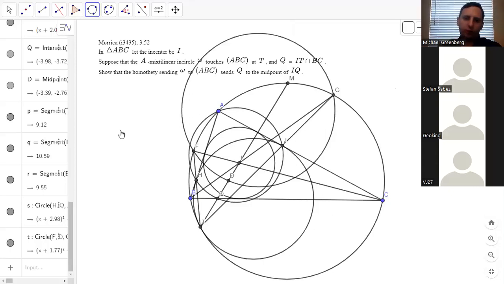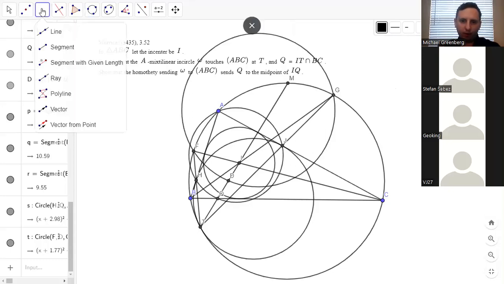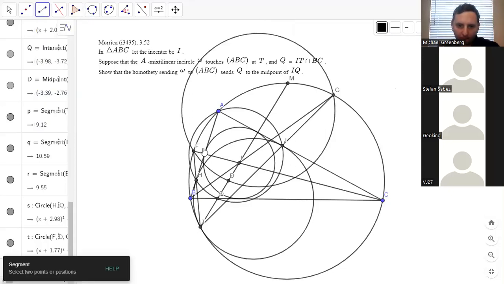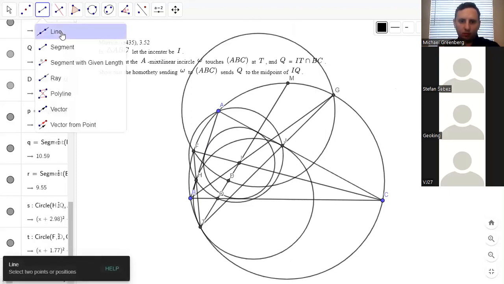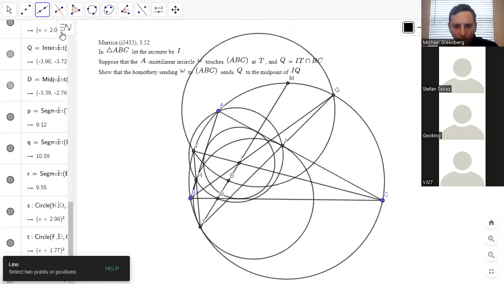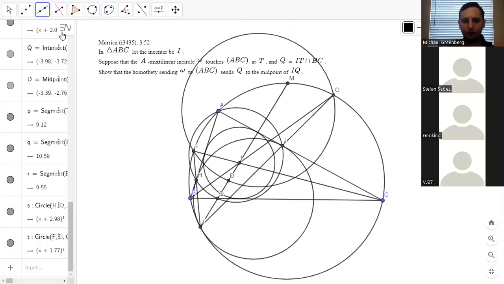So yeah, FG and HJ, we know those are parallel. We'd want to either show HQ is parallel to FD. Yeah, so if we could show HQ is parallel to FD, that would solve it.